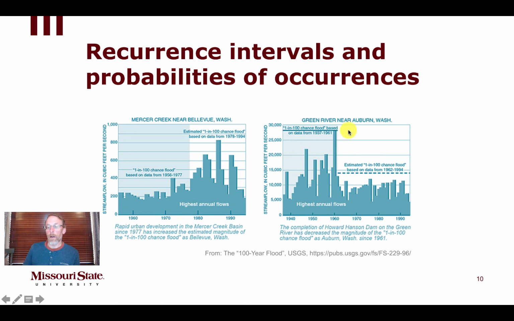Now the Green River near Auburn, Washington, we see something that's very different. Here we have a stream that before about 1960, or the early 1960s, had big variations in discharge. We have really dry years, which were down here around 5,000 cubic feet per second, and our biggest discharges, or 100-year flood, was up here around 27 or 28,000 cubic feet per second.